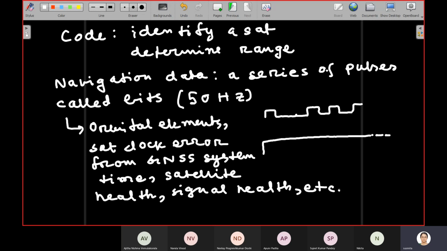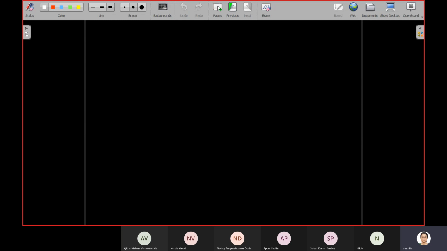Now, the next component is called carrier. As the name suggests, it carries information. It basically carries code and navigation data from the satellite to the user.